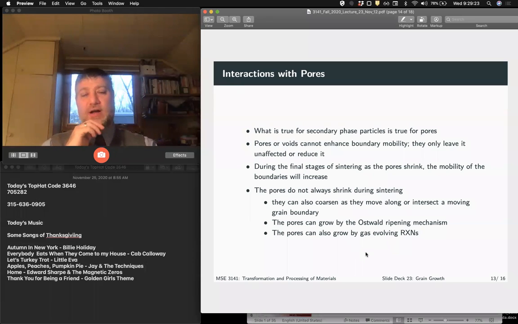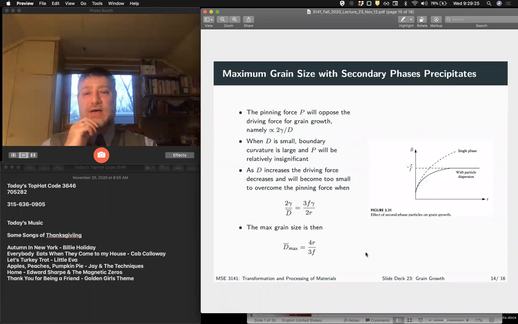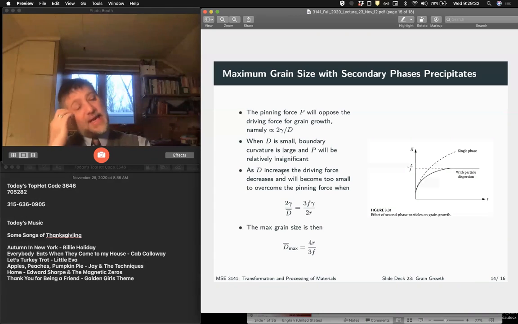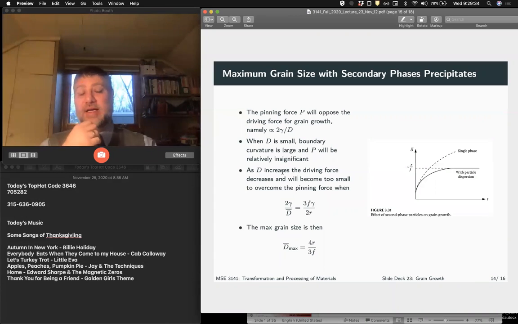So pores are a bit of a complicated situation, okay? But if you just think of a pore as being a secondary phase, I think you're pretty good. So the pinning force for Zener pinning, either with particles or pores, is going to oppose the growth of new grains. Okay.